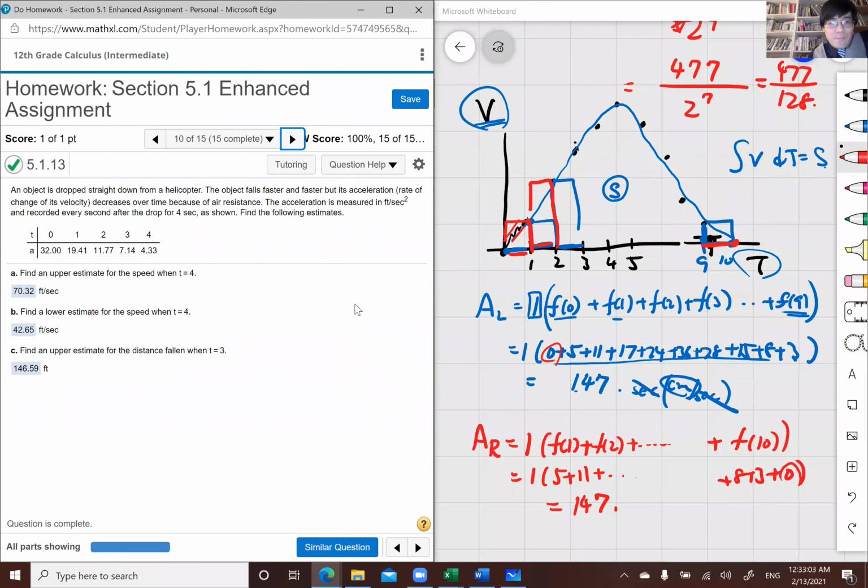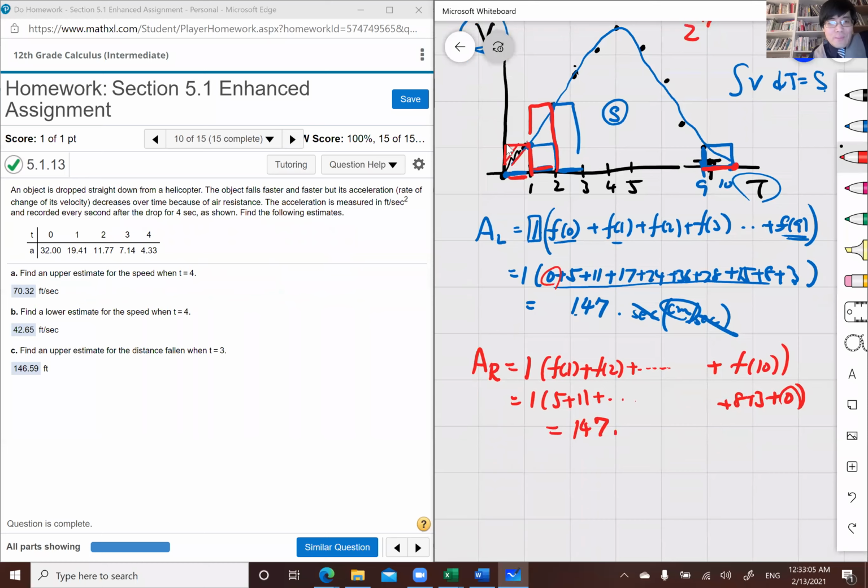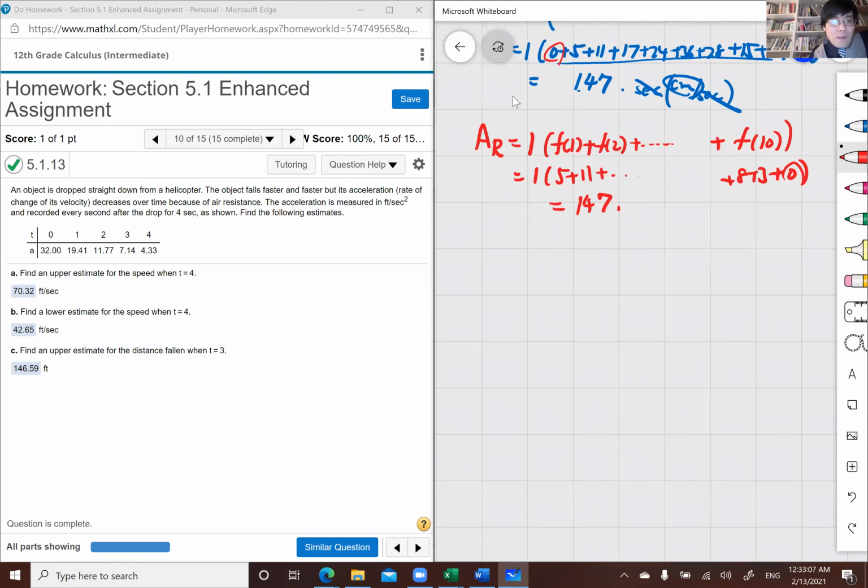Okay, next question, number 10. An object is dropped straight down from a helicopter. The object falls faster and faster, but its acceleration decreases over time because of air resistance. The acceleration is measured in feet per second squared and recorded every second after the drop for 4 seconds, as shown.